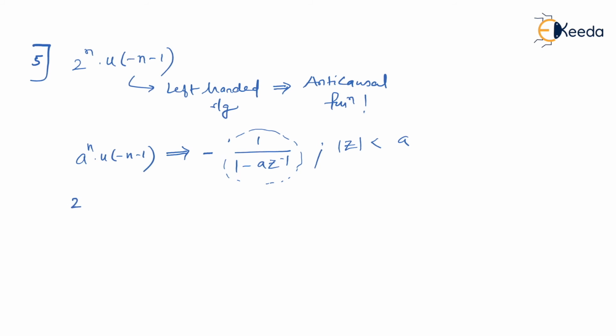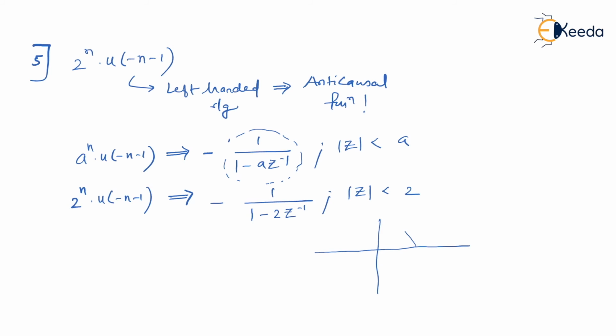In this case, it is 2 raised to n u of minus n minus 1. Then it will have Z transform as minus of 1 upon 1 minus 2z inverse, where mod of z will be smaller than 2. Is that right? Then if I want to draw this, I'll have a circle with radius equal to 2. And where is the pole present? Again, the same theory, the pole is present at 2. And then ROC is inside the circle.